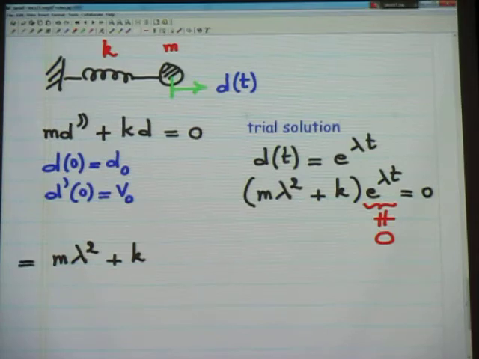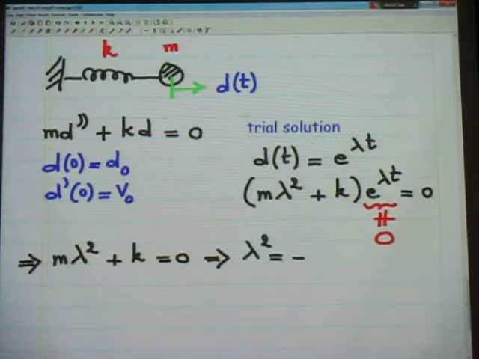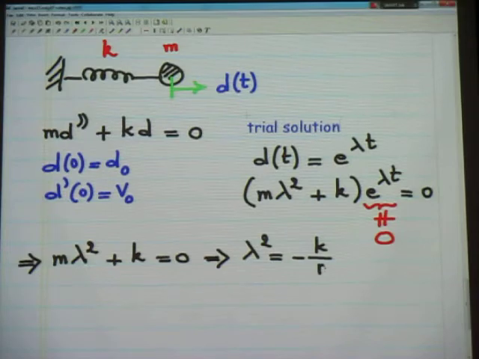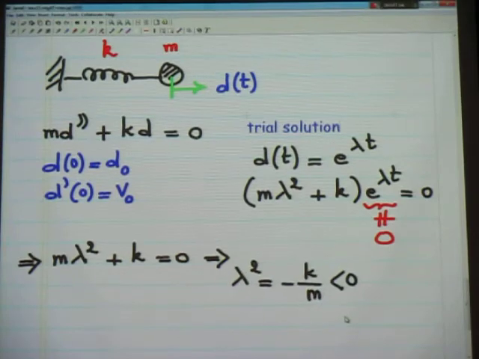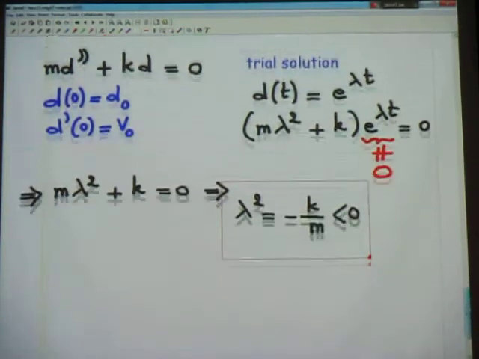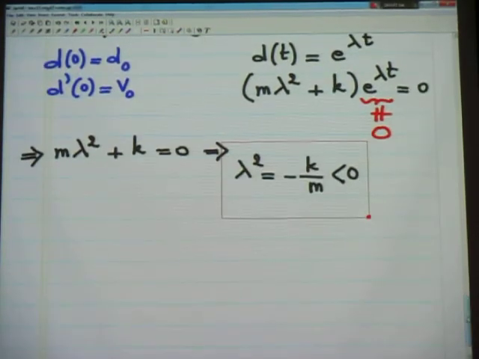This is the result, and therefore lambda squared is equal to minus k over m, which is negative, because k is positive and m is positive.